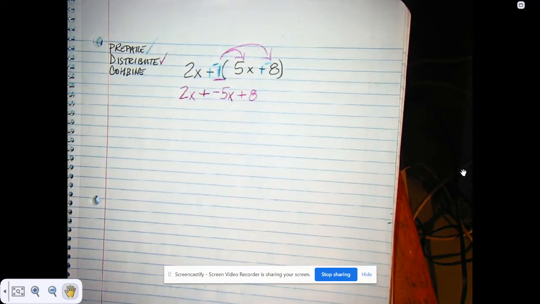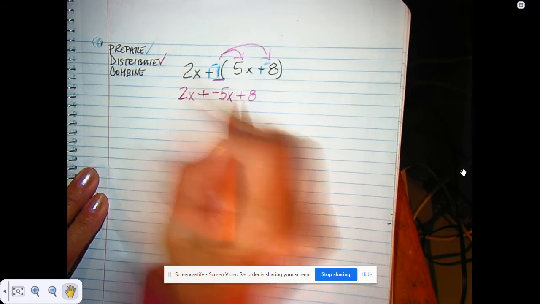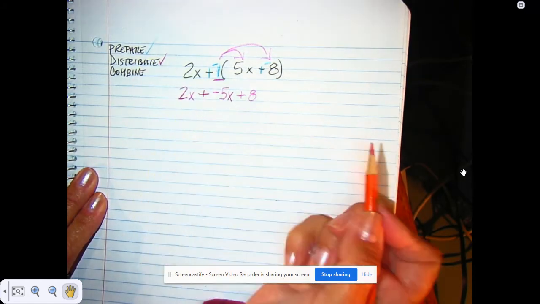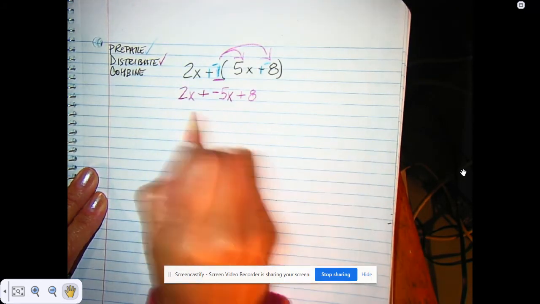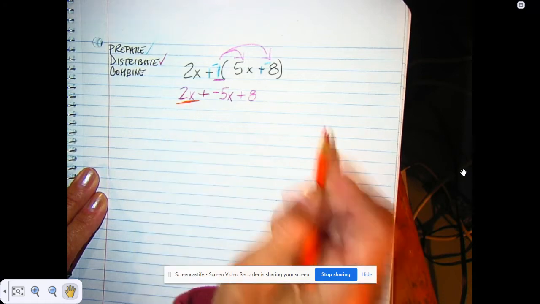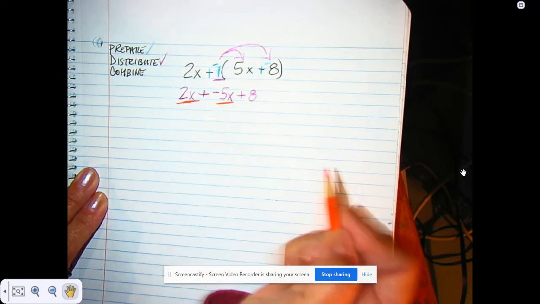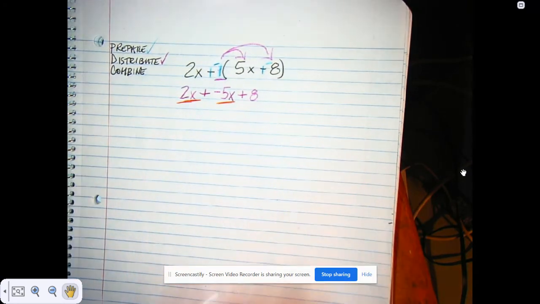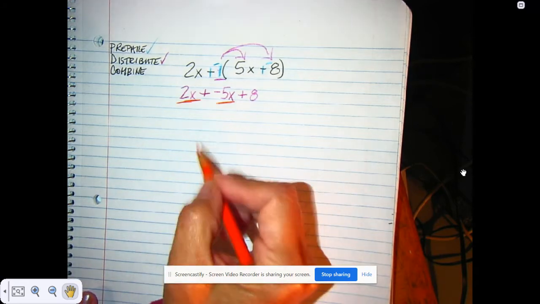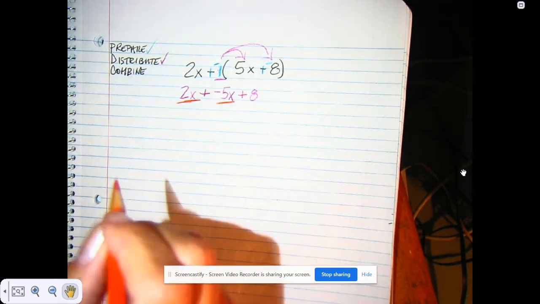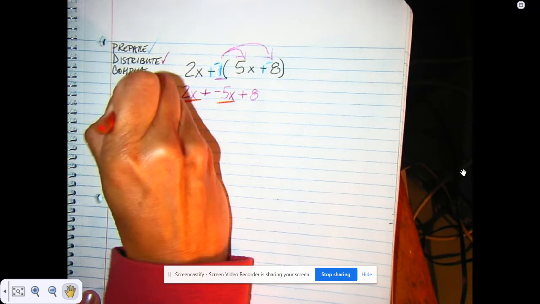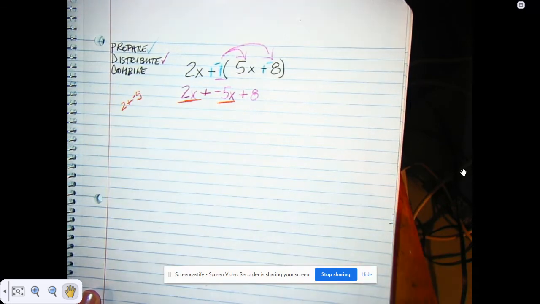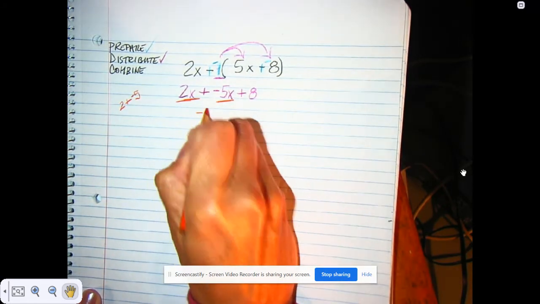My last step is going to be combine like terms. Like terms means exact same variable parts. So this 2x and this negative 5x are like each other. In your calculator, just put 2 plus negative 5. I'm putting 2 plus negative 5 in my calculator, and I'm going to get negative 3.